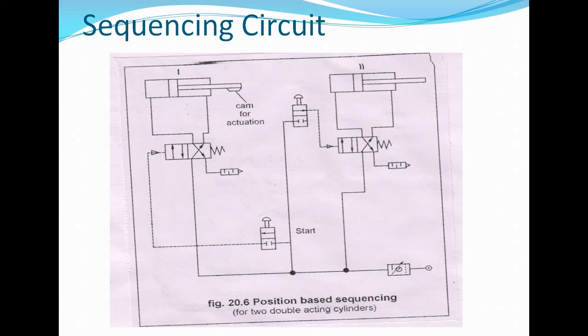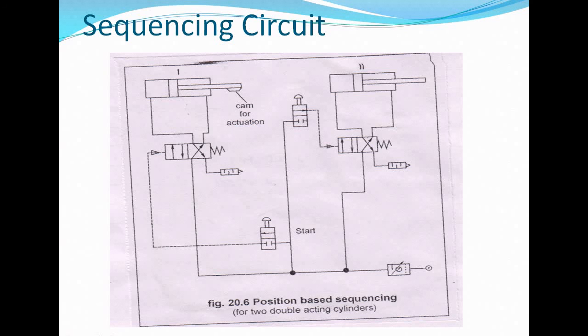Then there is a sequencing circuit here. Now in the figure you can see these are the 2 cylinders A and B. This is the FRL unit. This is the 4x2 DC valve, 4 ports and 2 positions, again a 4x2 DC valve.